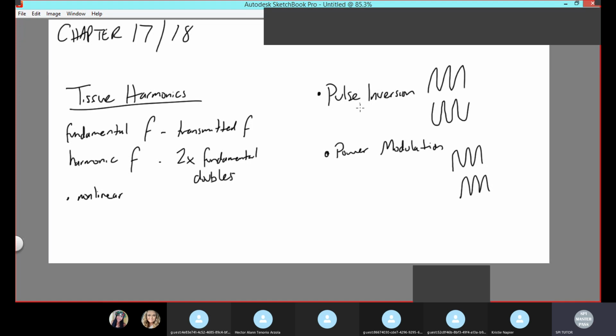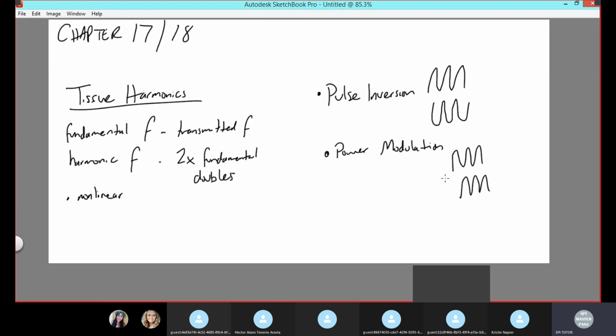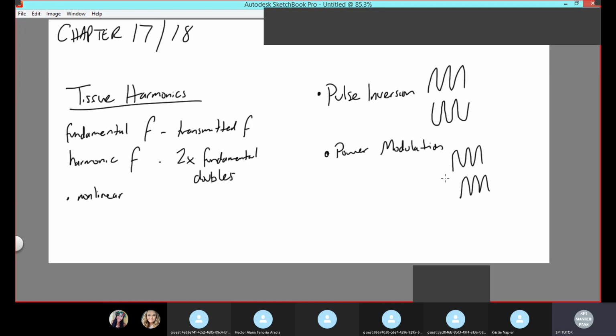You'll notice that only pulse inversion cancels out. Power modulation actually combines to make one double-strong wave. The machine then cancels it out so that it can isolate the harmonic frequency. But in and of itself, in power modulation, those two pulses combine to become stronger. So only pulse inversion is the one where those two pulses cancel out.